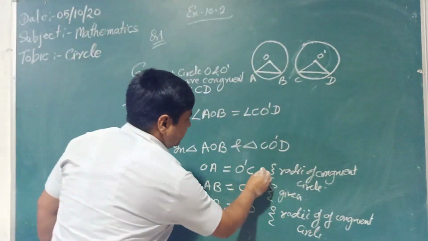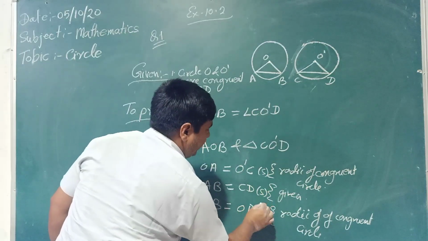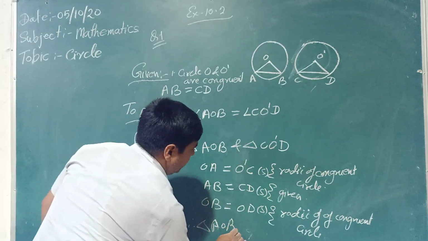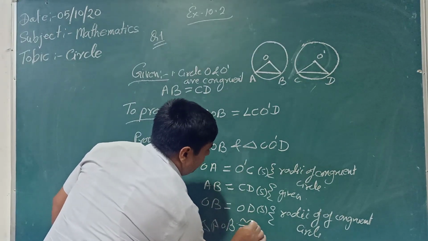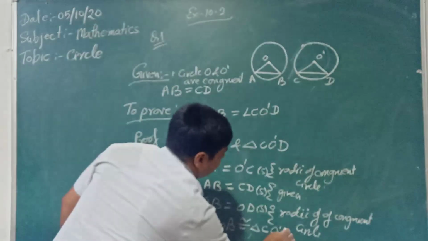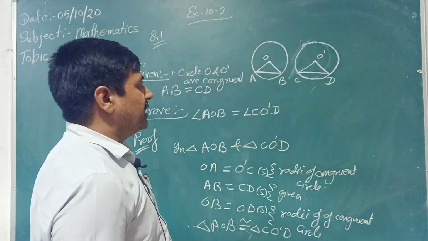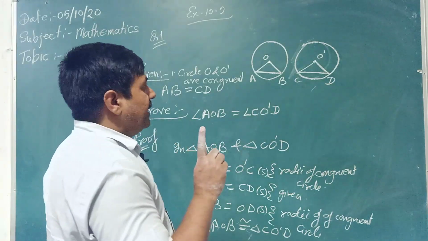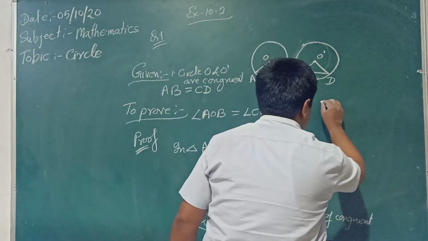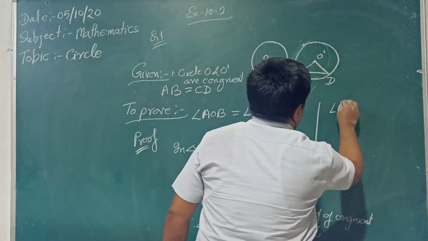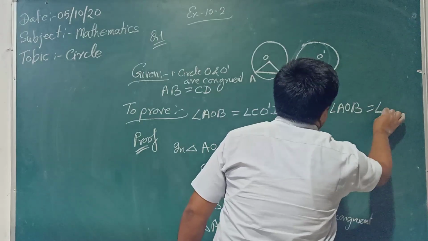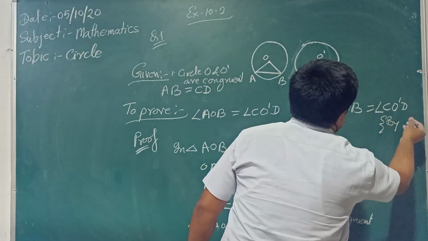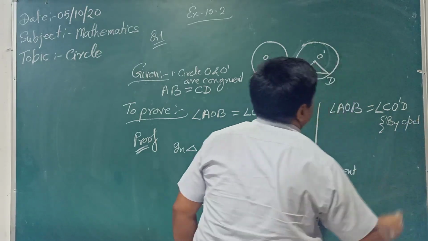So now this is a side, this is also a side, this is also a side, therefore triangle AOB is congruent to triangle CO dash D. So both triangles are congruent, therefore angle AOB is equal to angle CO dash D by CPCT.